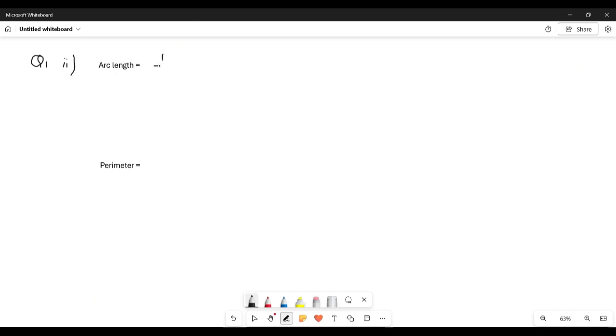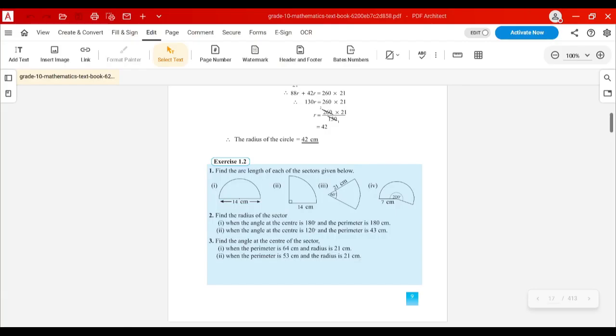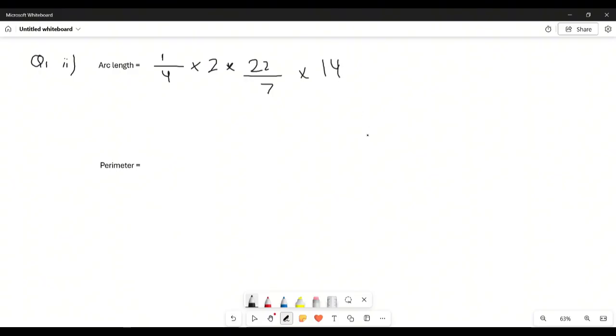Like I said, it's 90 degrees, so it's 1 by 4 times the formula 2 into 22 over 7 into what was our radius? 14. So how do you solve this? Again, cut 7, 7 times 2 is 14. Then 2 times 1, 2 times 2 is 4. You can cut this again, 2 times 1, again 2 times 11. So we are left with what? Only 11 centimeter as our arc length.